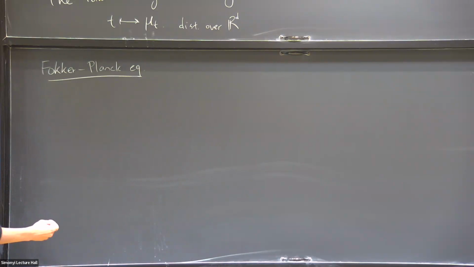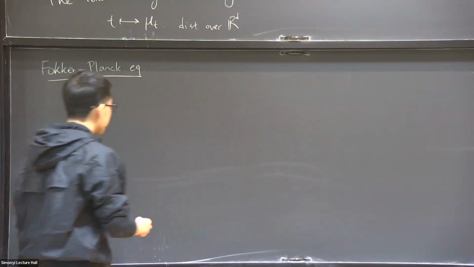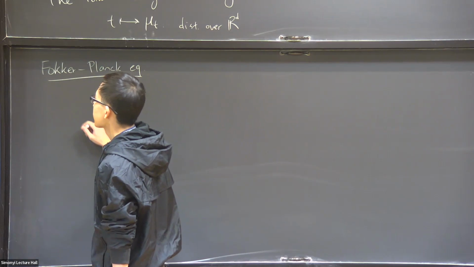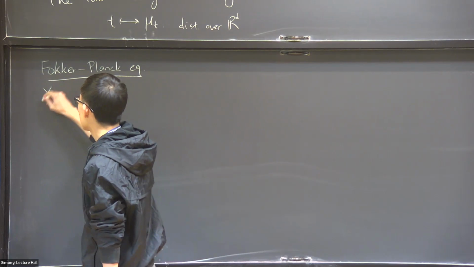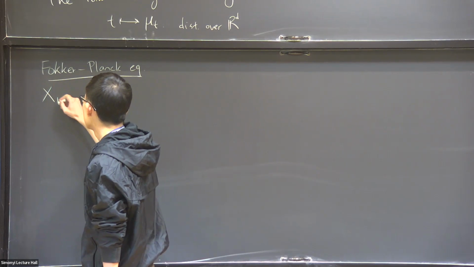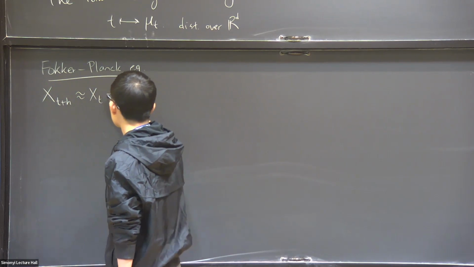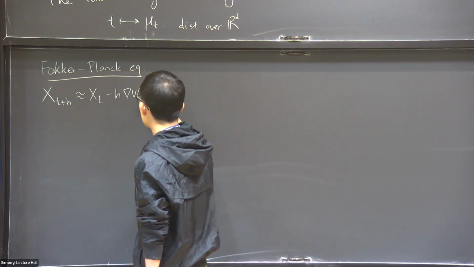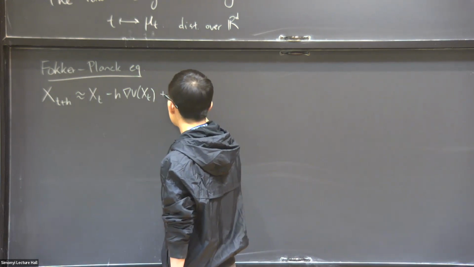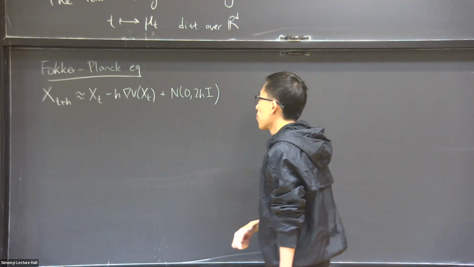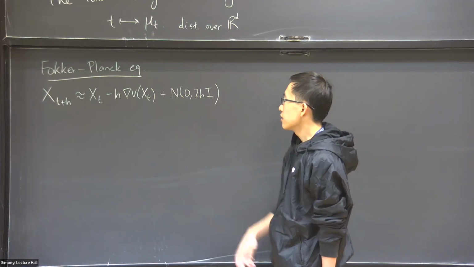So to do that, I'm just going to consider a discrete approximation to the Langevin diffusion, which will become accurate as you take the step size to 0. For small h, this is what the Langevin diffusion looks like.